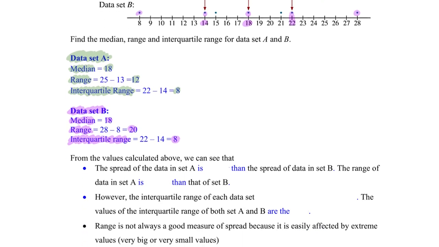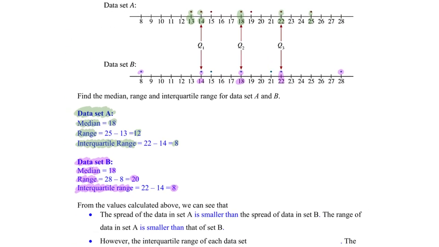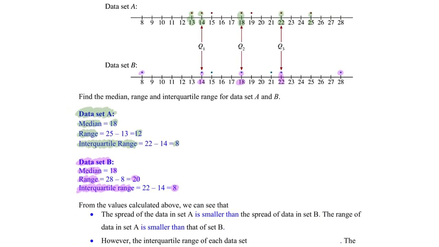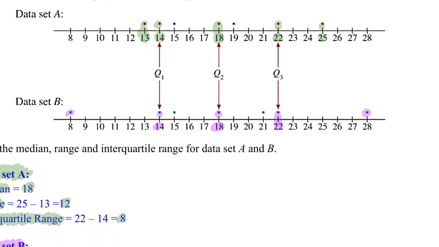So let us delve deeper into these values. We can see that the spread of data set A is smaller than that of B, because if you look at the range itself, the range for data set A is 12 as compared to data set B, 20.